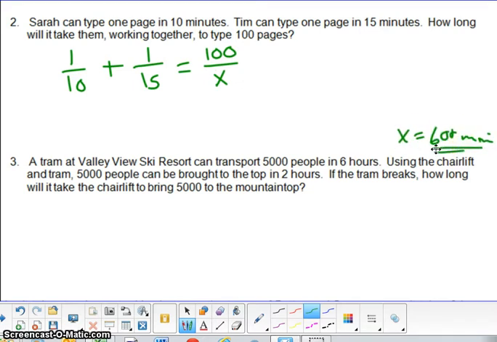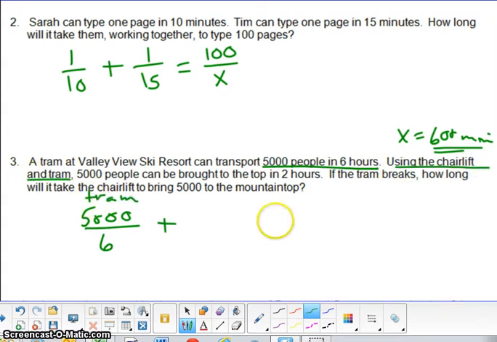Show your work. Okay, the next one is talking about a ski resort. There are 5,000 people transported in 6 hours. So there's a rate, people per hour, and that is the tram. And then they say using the chairlift and the tram together, 5,000 people can get up the mountain in 2 hours.